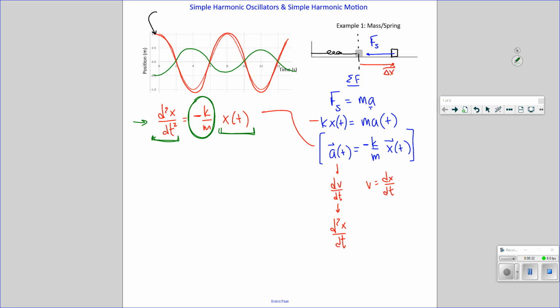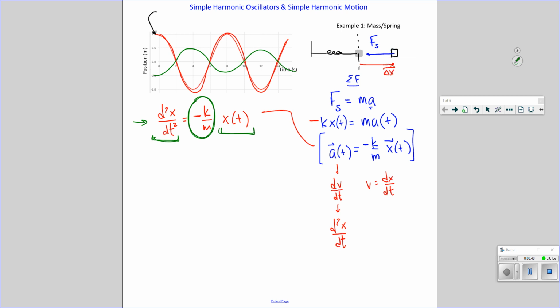Okay, and there is only one function in the world for which this happens, and that function is a sine/cosine function. A sine and cosine function are the same function, just shifted relative to each other. So it's okay to say sine or cosine.